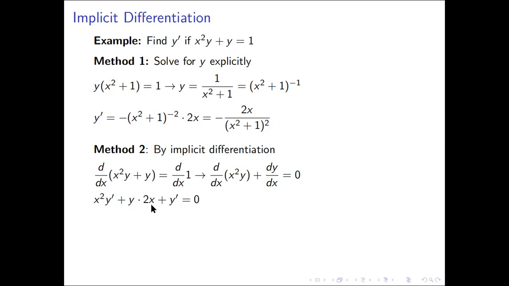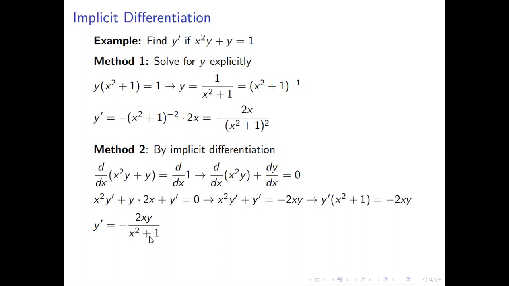So we will be transposing this one, giving us this equation, which we can solve for y prime by factoring out y prime, then dividing by the factor here. So giving us y prime equals negative 2xy all over x squared plus 1.